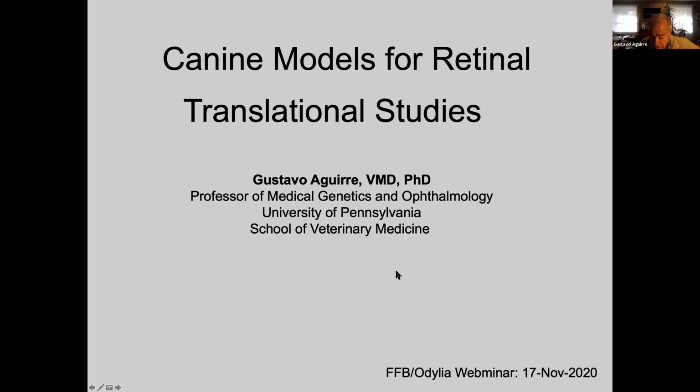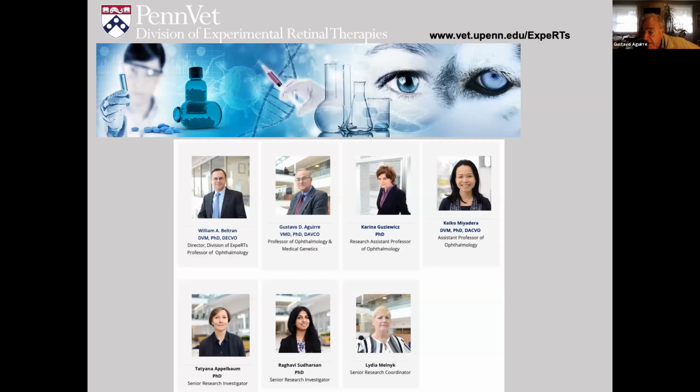So our work deals with canine models of retinal disease, initially to identify the models and then study the cellular mechanisms of disease, without ever having any hope of doing any treatment. About 3 years ago, we set up at Penn a division of experimental retinal therapy, so that we are by definition experts in the field, since that's the acronym that William Beltran selected for this.